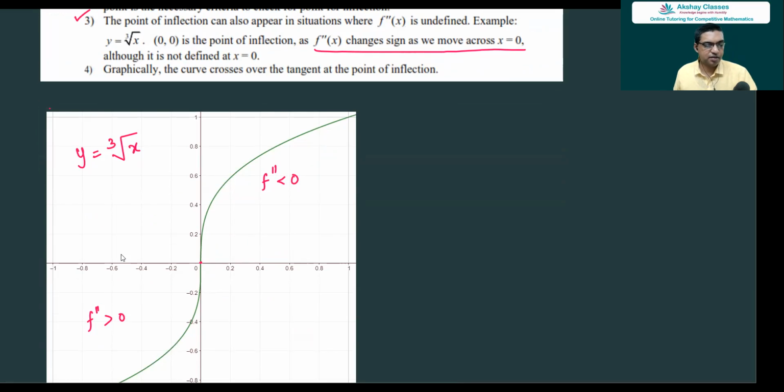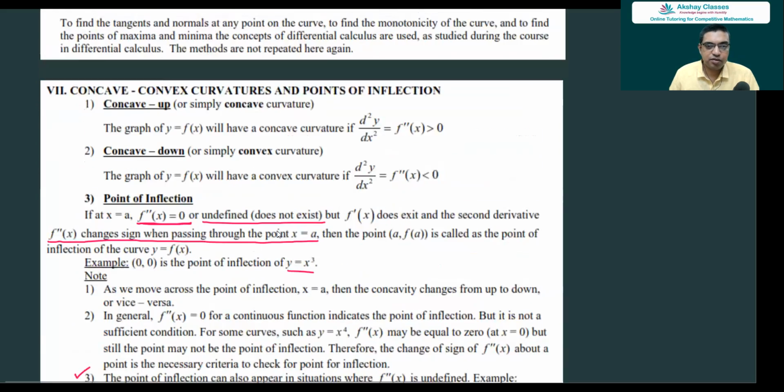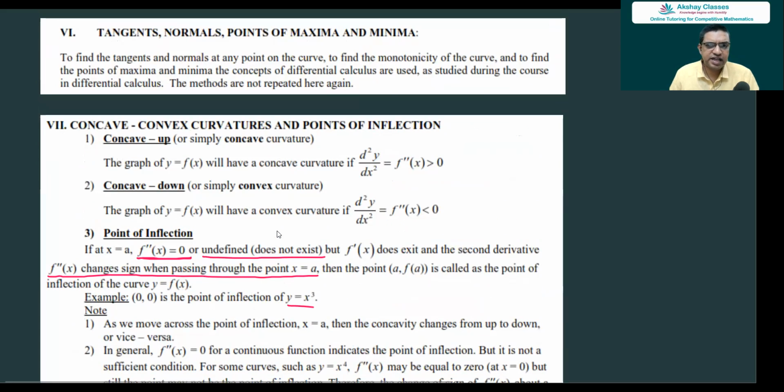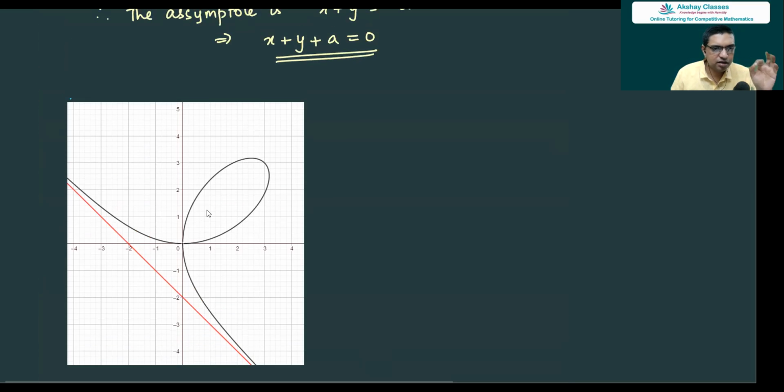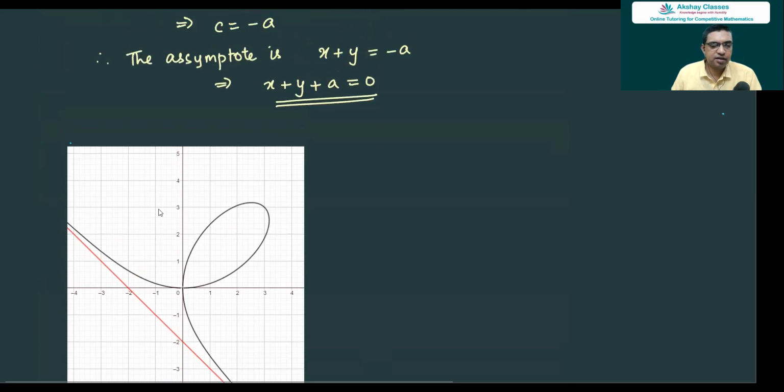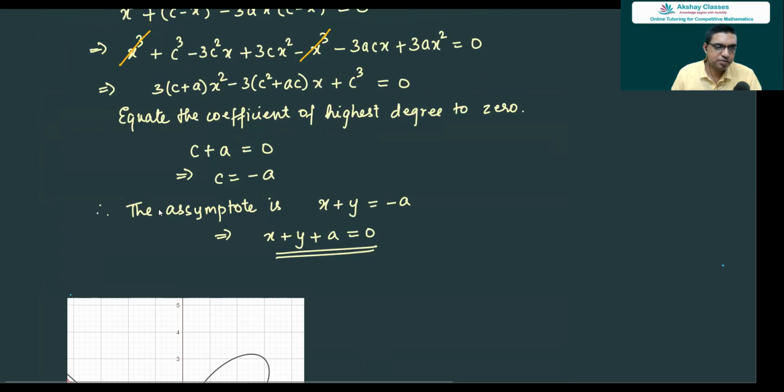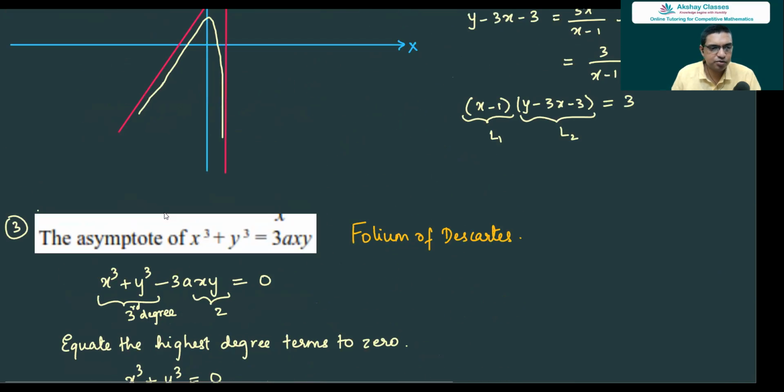So these are some basic definitions and concepts in tracing out a curve. These are useful in tracing a curve. It is not that all the concepts are simultaneously used in one curve. In some curves, more concepts may have to be used, in some curves, fewer.